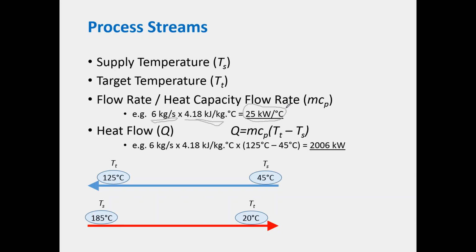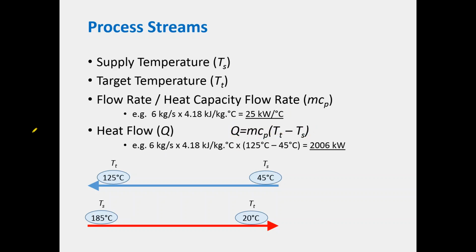From that, we can then work out the heat flow, or the amount of heating or cooling that we need to supply in order to change the temperature of the stream from the supply temperature to the target temperature. So this formula here, you just highlight it. The heat flow Q is equal to the MCP multiplied by the difference between the target temperature and the supply temperature.